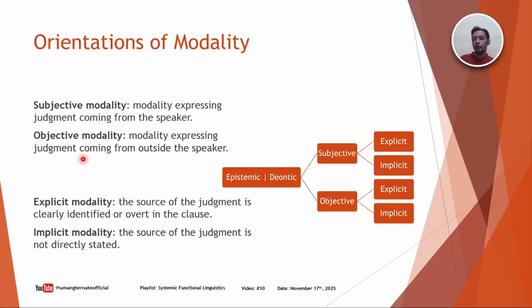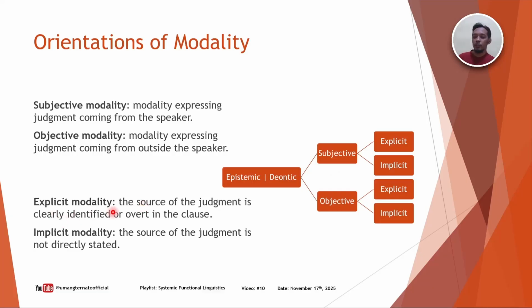Meanwhile, the objective modality, although it still expresses judgment, has a source of judgment that is from outside the speaker. Whether it is a subjective or objective modality, it can be explicit or implicit.